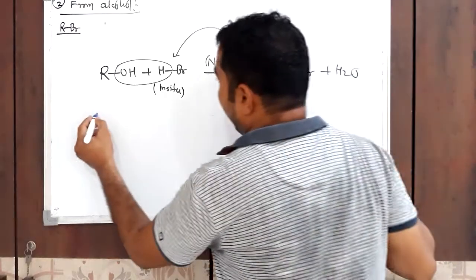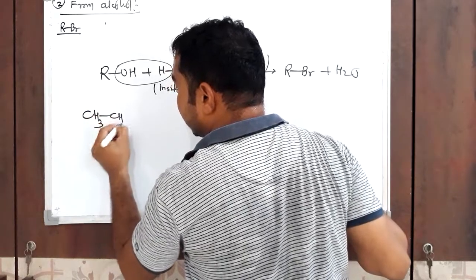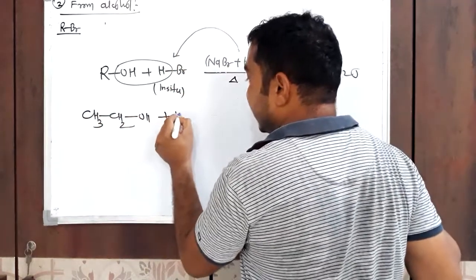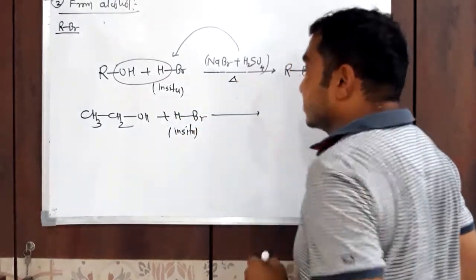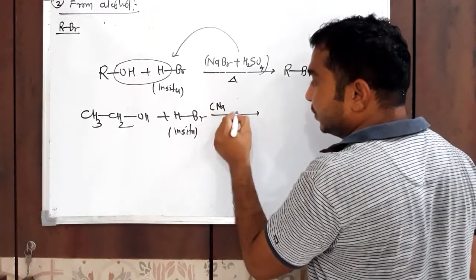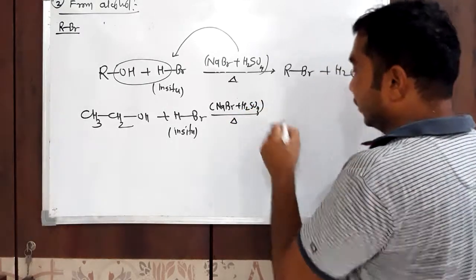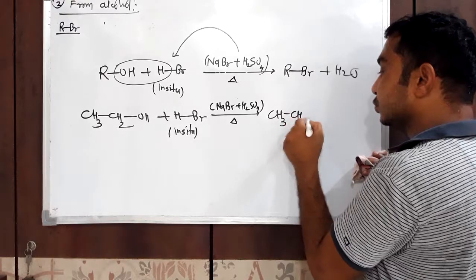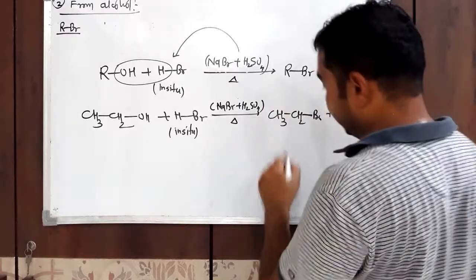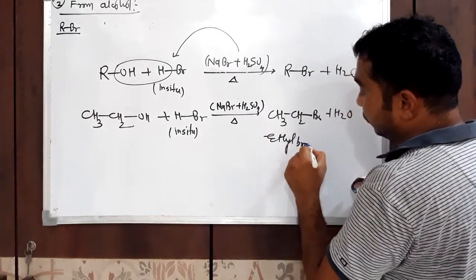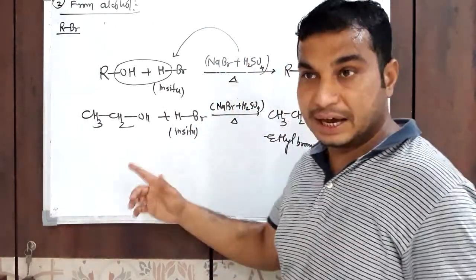See, example: CH3CH2OH plus HBr, produced in situ from NaBr plus H2SO4 and heat, giving CH3CH2Br plus H2O. Only replacement of OH by Br, ethyl bromide. We only replace the OH group by Br or Cl.